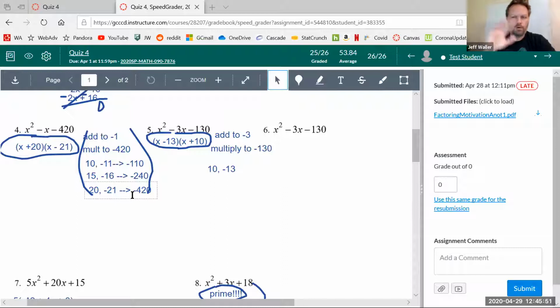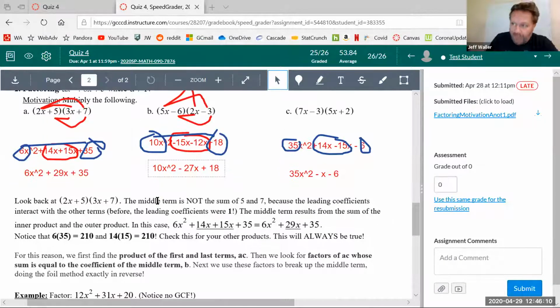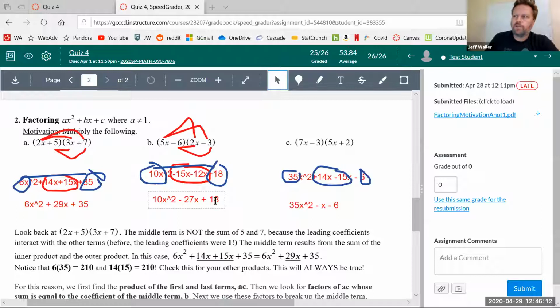That was the whole idea with those kind of problems up there, numbers that multiply to the last term and add to the middle term. And I told you at the time that worked because the first number was a 1. This problem, is the first number a 1? No. And in fact, are there any factors of 18 that add to be 27?